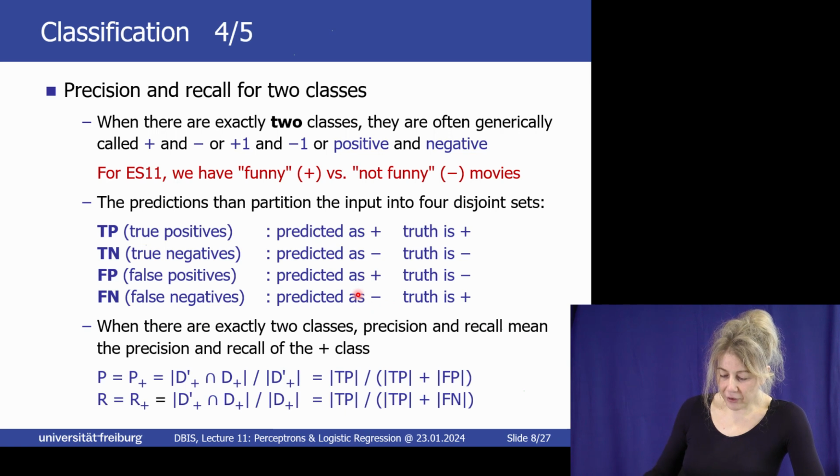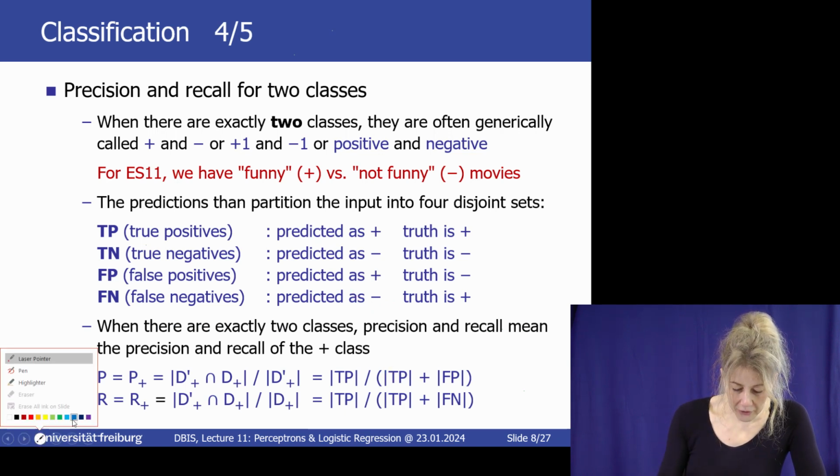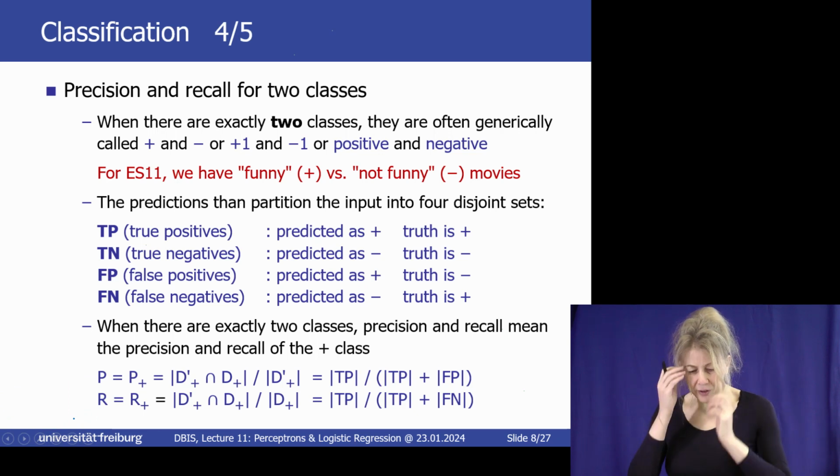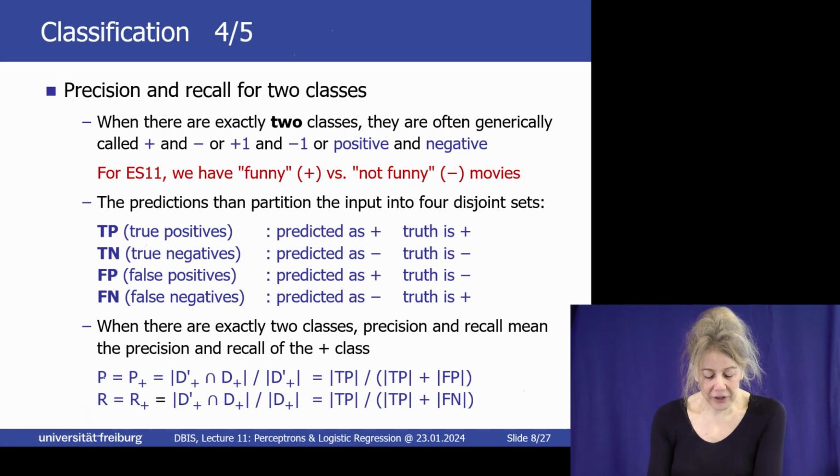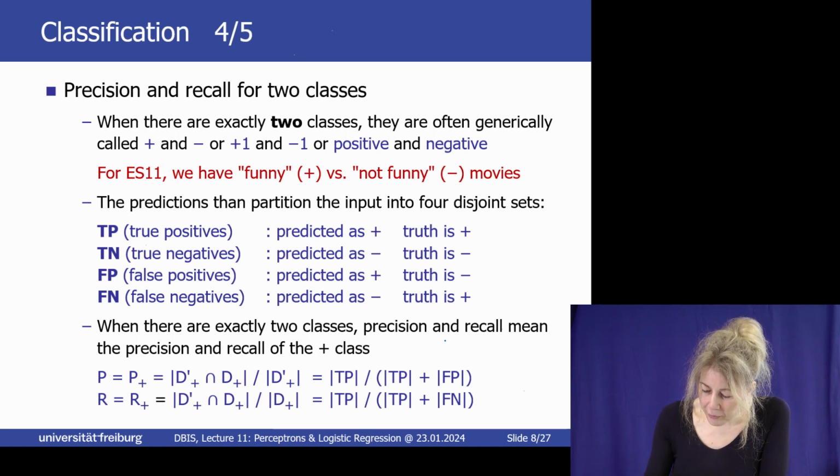And when you do that, and this is useful for the exercise sheet, and you should know this, then, I mean, just look at it. We have precision and recall, and they just refer to the precision and recall of the positive class. You could also look at it for the negative class, but for 2 classes you only look at 1.